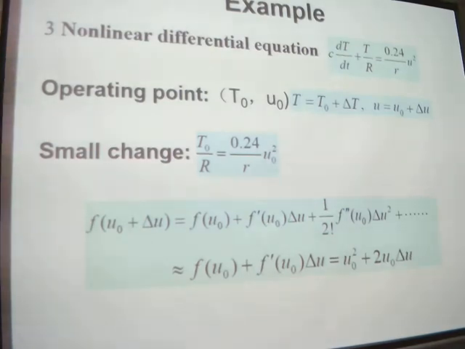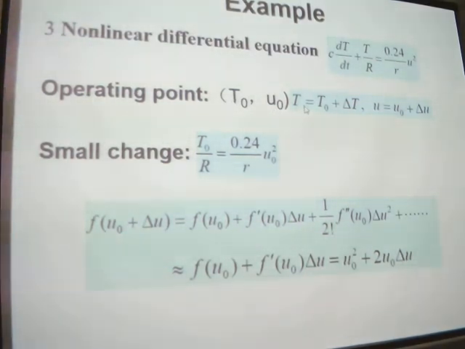Now, here is an example. This is a nonlinear differential equation. We can see here it is first order. Now, d theta by dt, plus theta ratio to r. Here is this equation. The operating point is t0, u0.